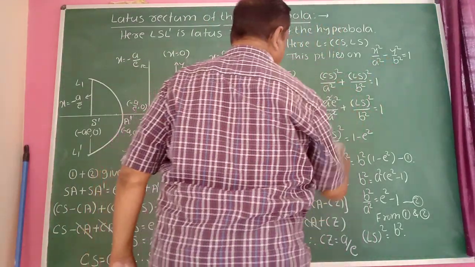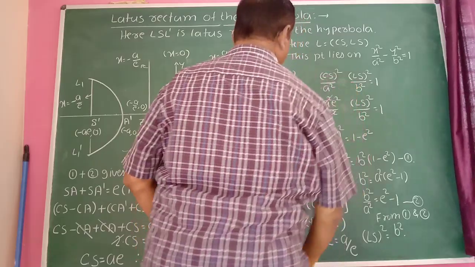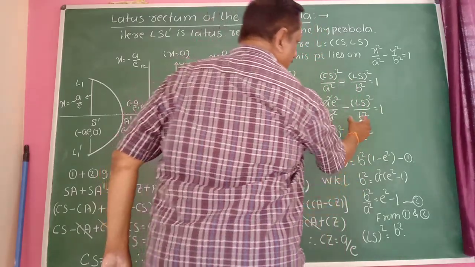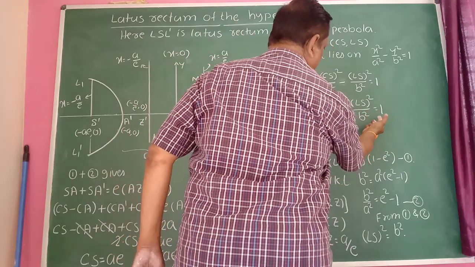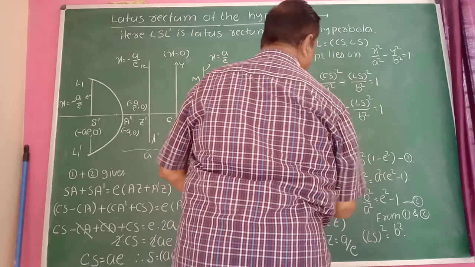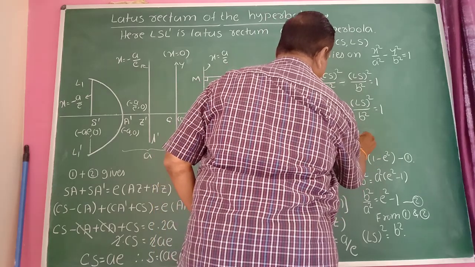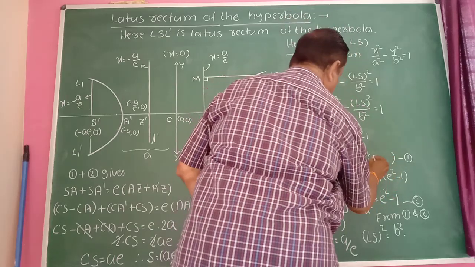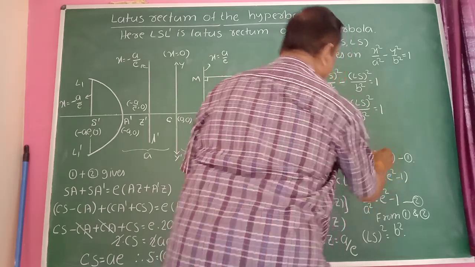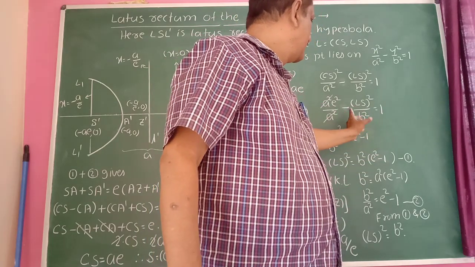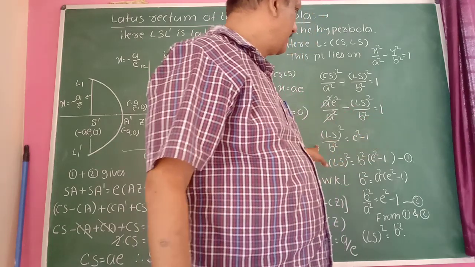You have to take minus, not a plus here. So it is a minus. Then take this term to that side and 1 to this side, then it becomes e² minus 1. Are you followed? Just take 1 to this side and this term to that side, we get this result.